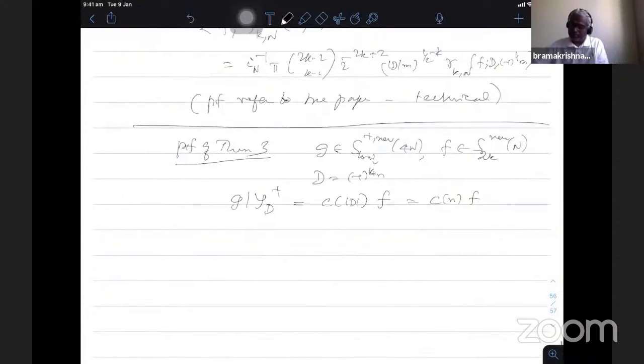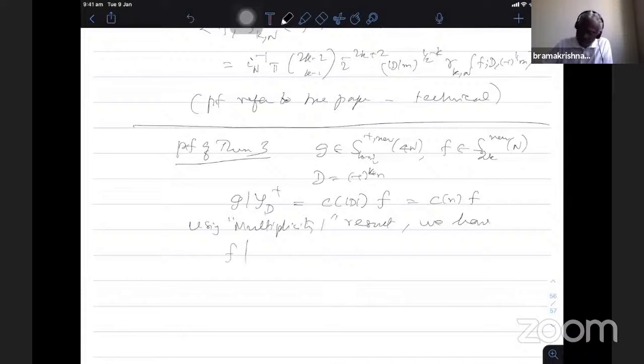Because of the multiplicity 1 result, it should be a constant times g. Using the multiplicity 1 result, we have, if I take f comma the Shintani map star, it must be some constant lambda times g, where lambda belongs to the complex numbers. So we can find what lambda is in a moment.